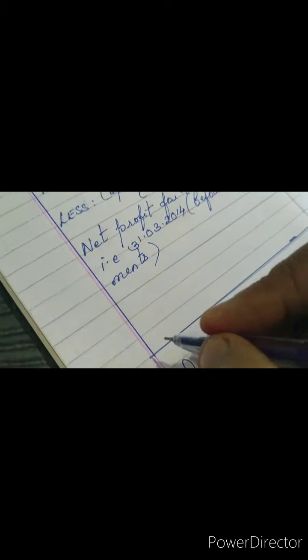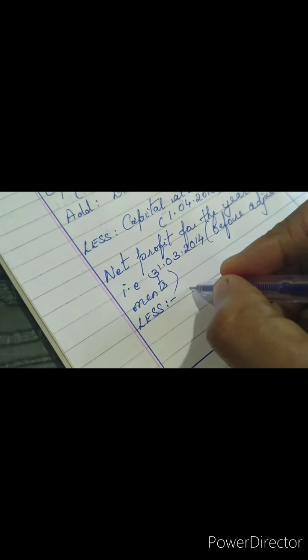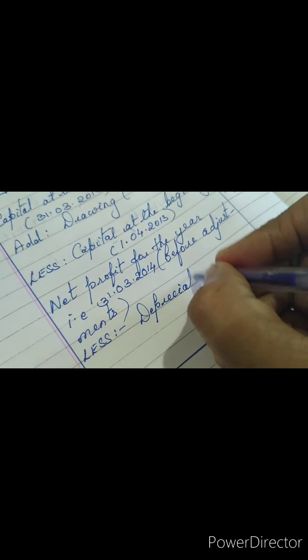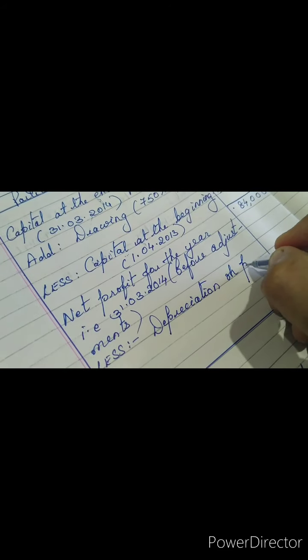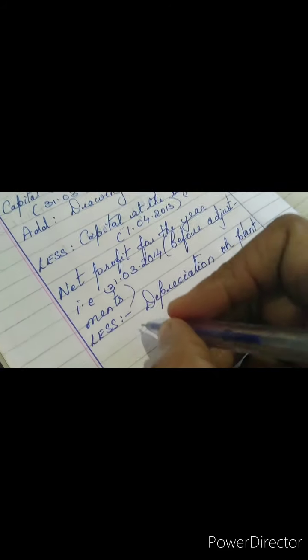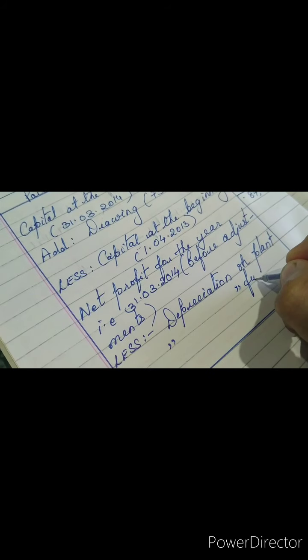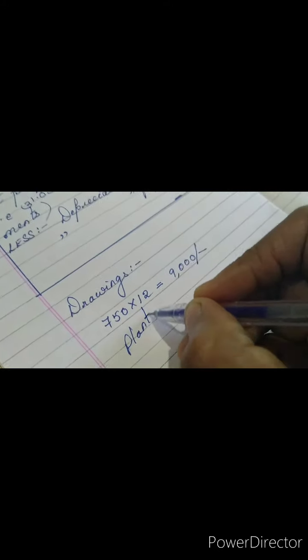Now what we'll do is we will deduct less depreciation on plant and depreciation on furniture. We are given a depreciation on plant as 10% and on furniture we have is 5%. If you see in the question, what is the plant amount? 1,35,000.